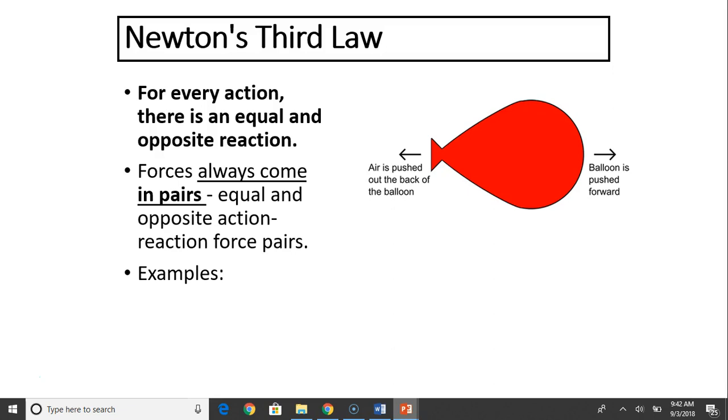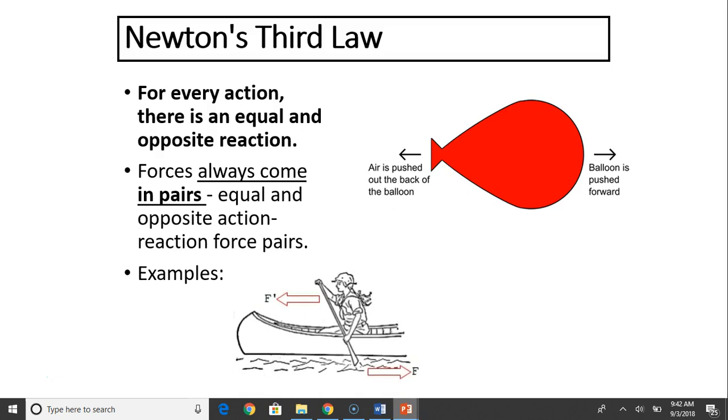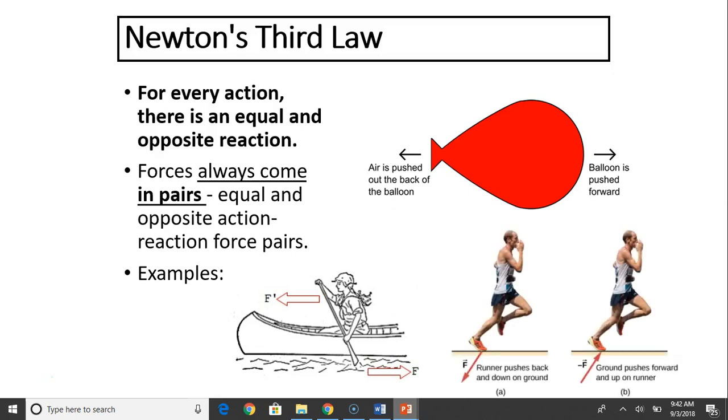Those are action-reaction forces. When you are rowing a boat, you're pushing the water back, but the water is pushing you forward. Another example, when you're walking or running, the runner pushes back and down on the ground. The ground is pushing forward and up on the runner.